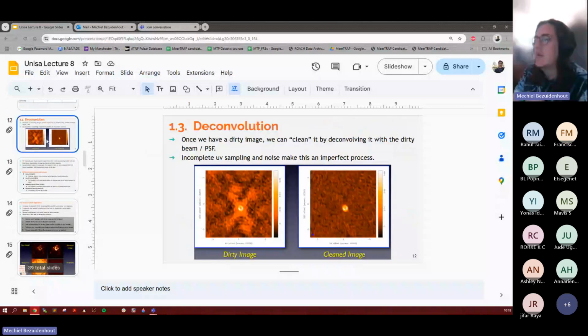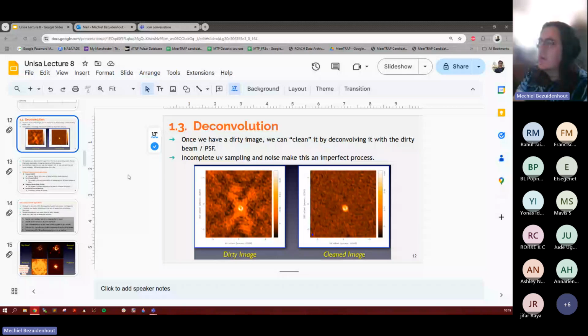Okay. So the first thing, the difference between cleaning and self-calibration. Cleaning is the broad term that we use for the deconvolution process.